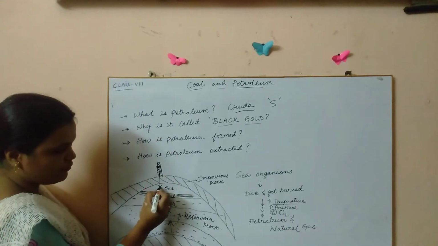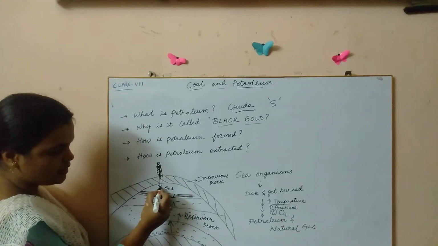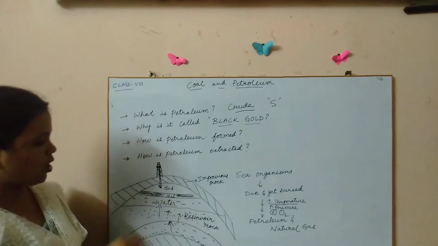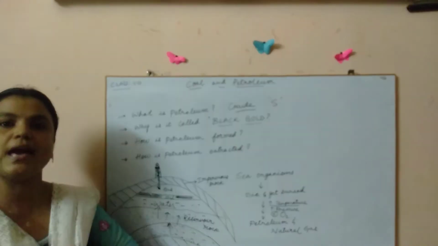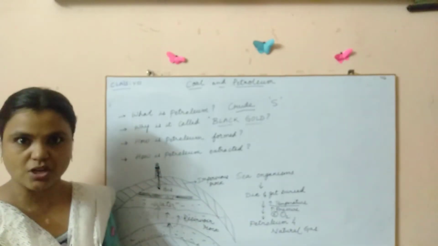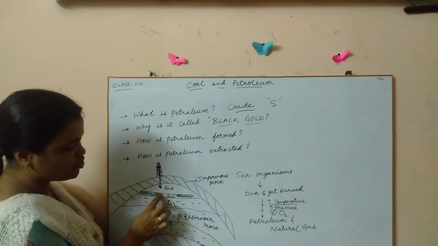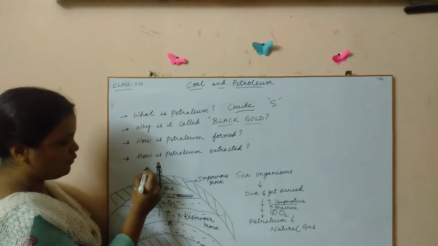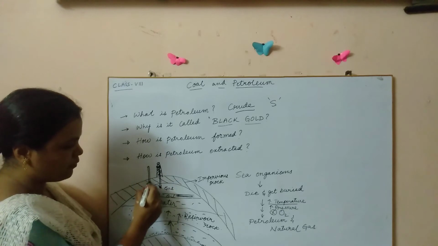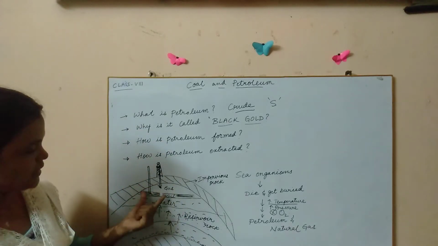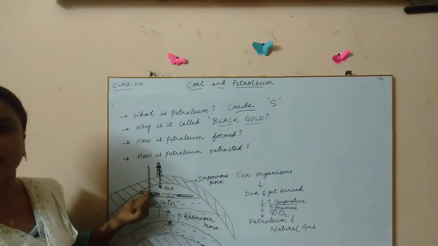They dig a hole, and now this is the end point. You can see over here, the bore is let into this, and the moment it crosses this impervious rock, the gas comes out with a lot of pressure. First of all, the gas comes out with a lot of pressure, and then because of the pressure, the oil continues. If you want oil, then another hole is dug, and it should touch this oil reserve.